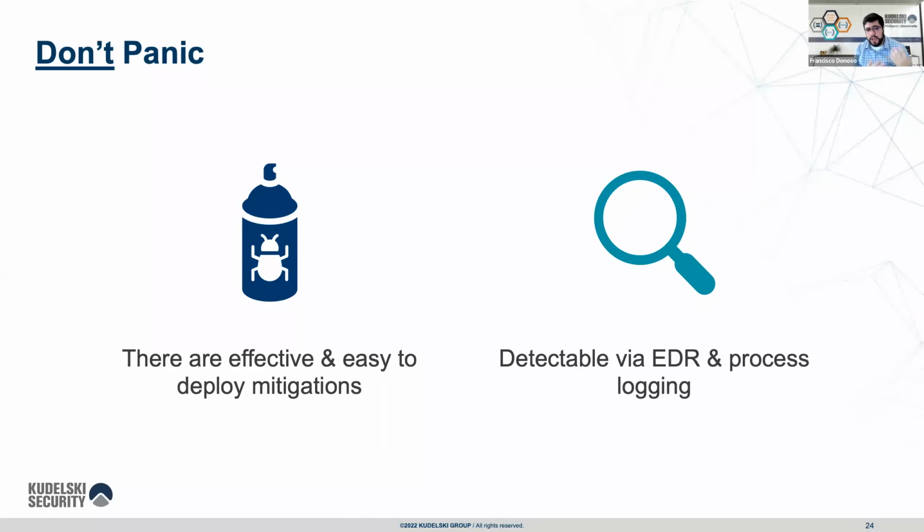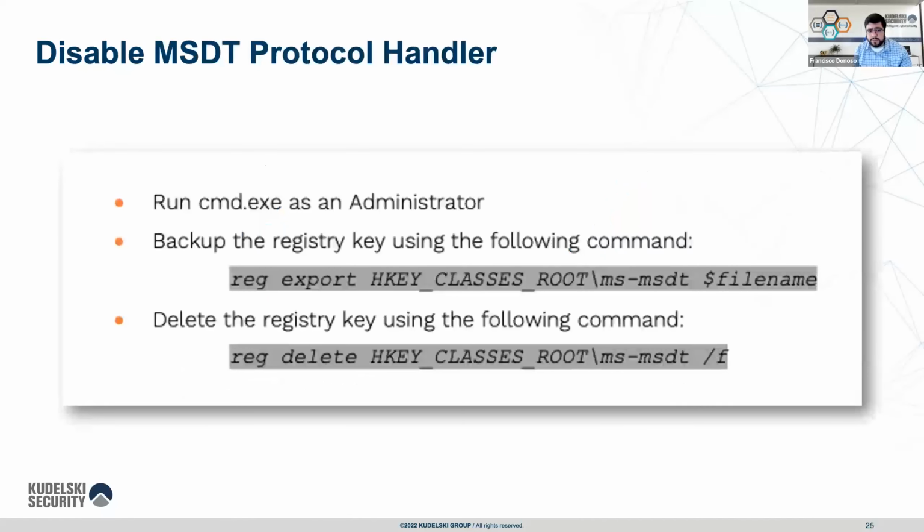So what can you do to actually deploy your mitigations? There's two simple ways to address this. The first is you can literally just delete that registry entry that tells Microsoft Windows which program to use for this MSDT protocol handler.